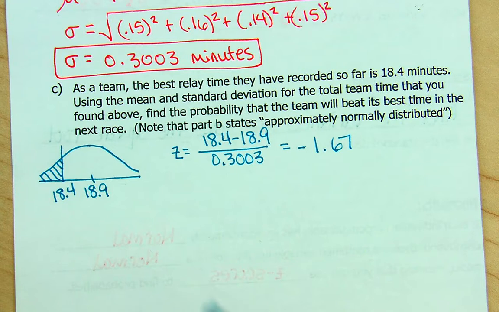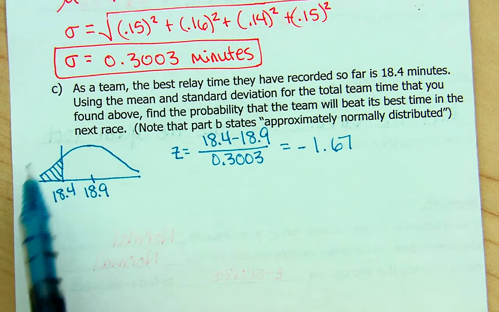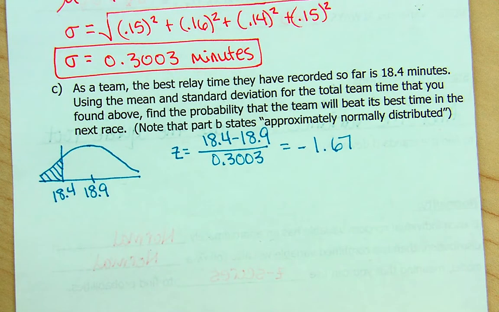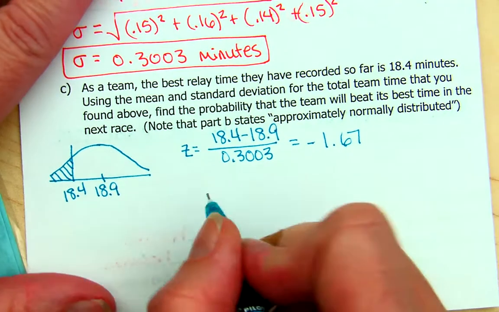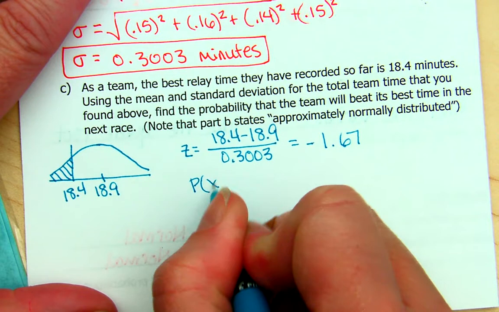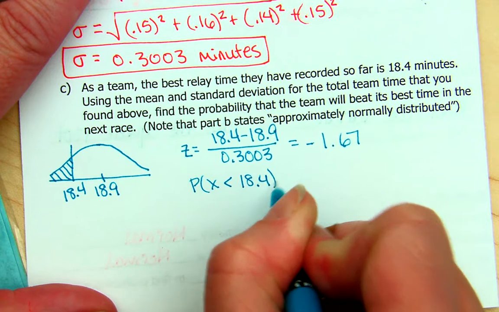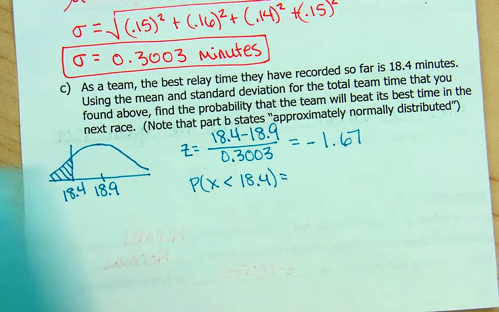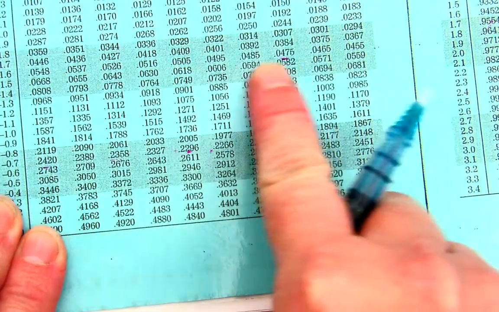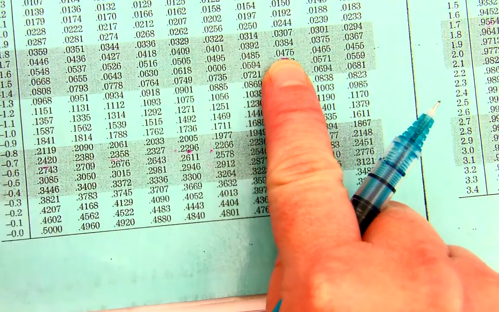Go to my table, and I'm showing a value less than, so that's what's going to be on the table. I don't have to subtract from 1 or anything. So I want the probability of getting a value less than 18.4. So there's negative 1.67, 0.0475.